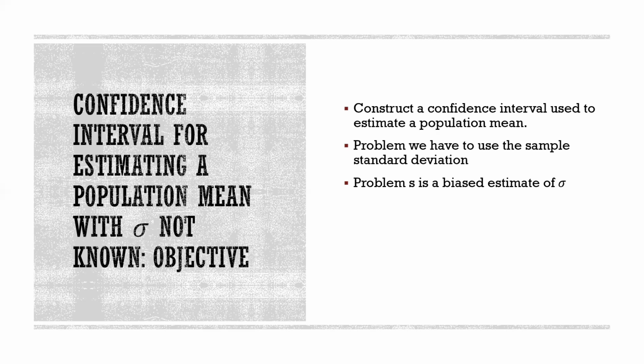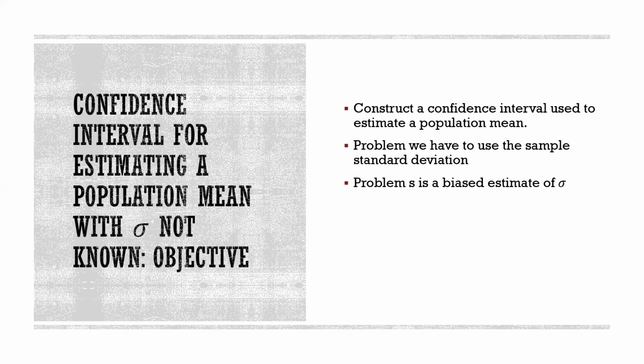Standard deviation S is a biased estimator of the population standard deviation. That means that our S's will not be centered around our population standard deviation, so that leaves a little bit more uncertainty.